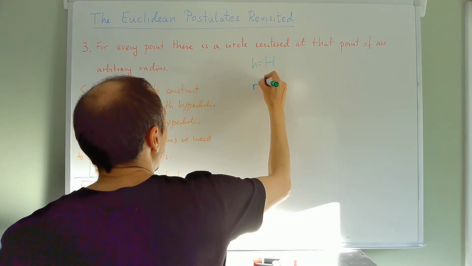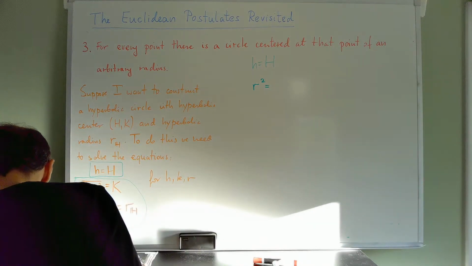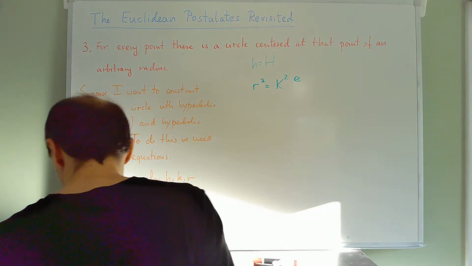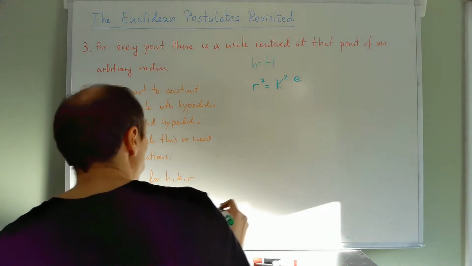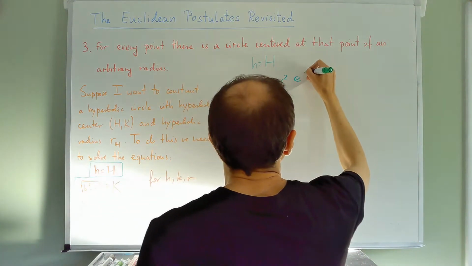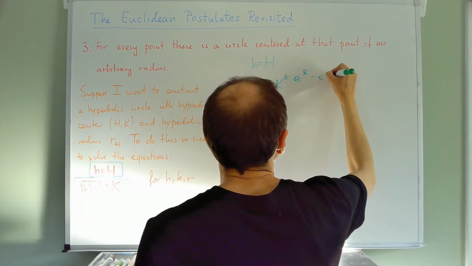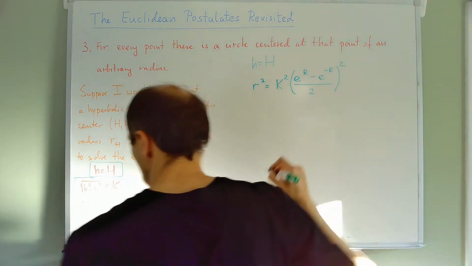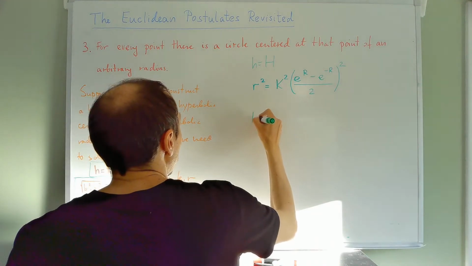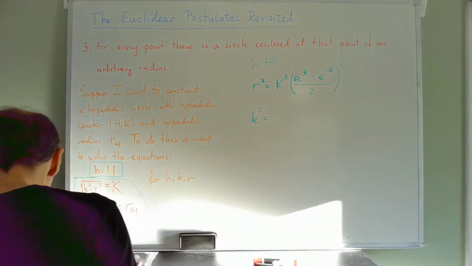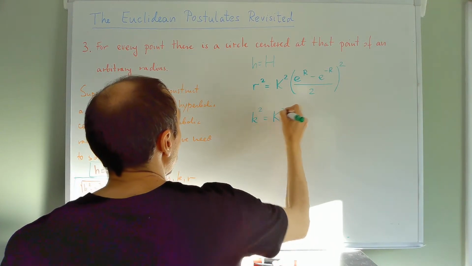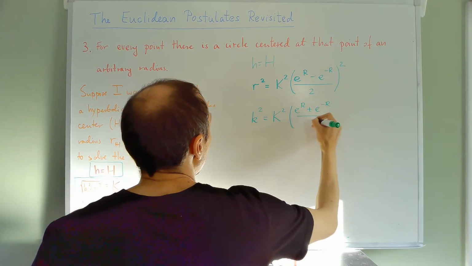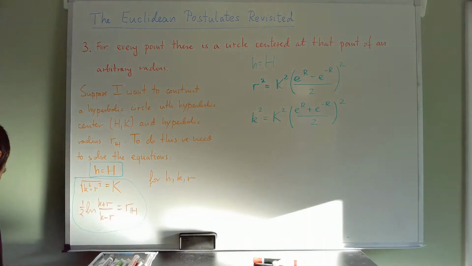You get that r squared is equal to K squared times ((e to the R_H minus e to the minus R_H) over 2) squared, and k squared is equal to K squared times ((e to the R_H plus e to the minus R_H) over 2) squared.